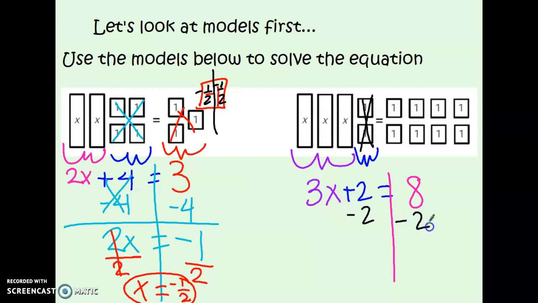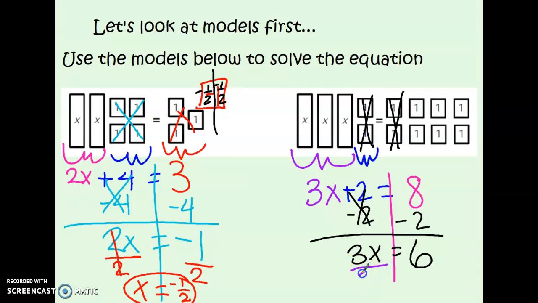I also want to subtract 2 because we have to keep it balanced, so I subtract 2 over on this side. That leaves me with just my 3 x's, and you guys can count if you want, I'm left with just 6. Okay, so my next step is to find out how many 1s for each x.